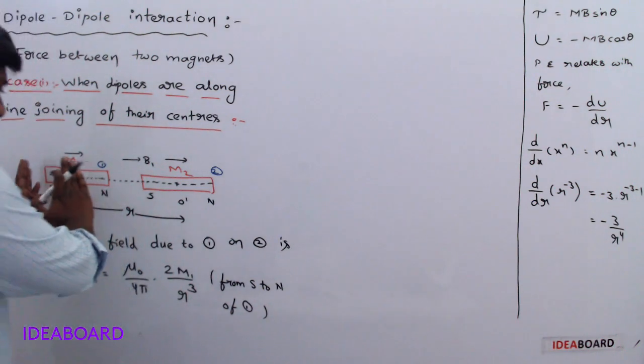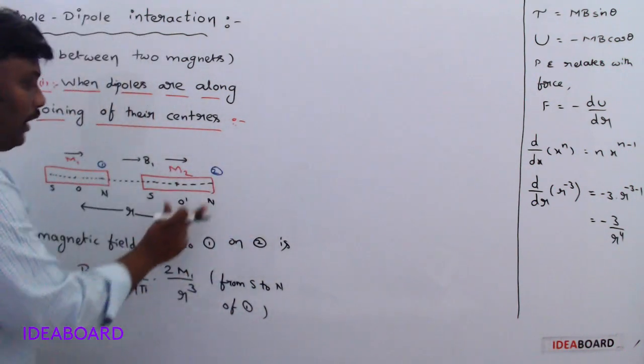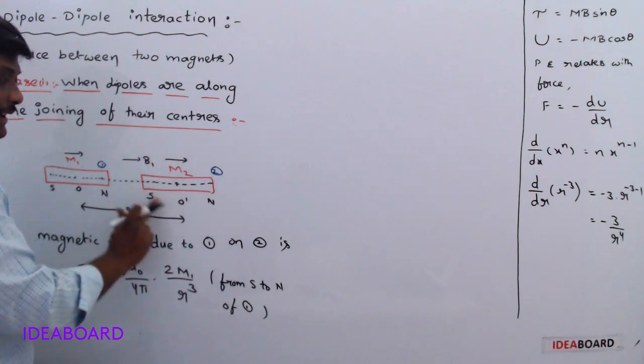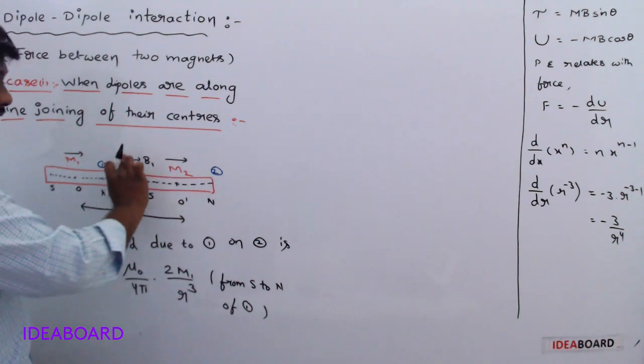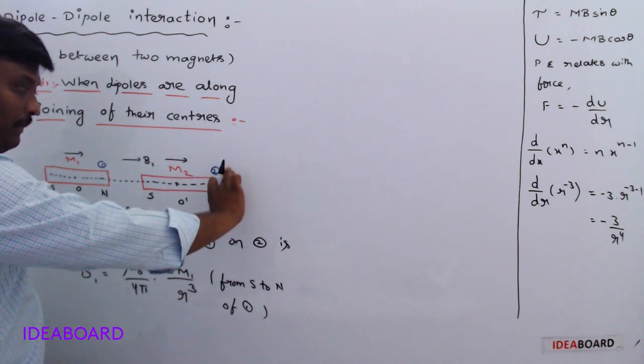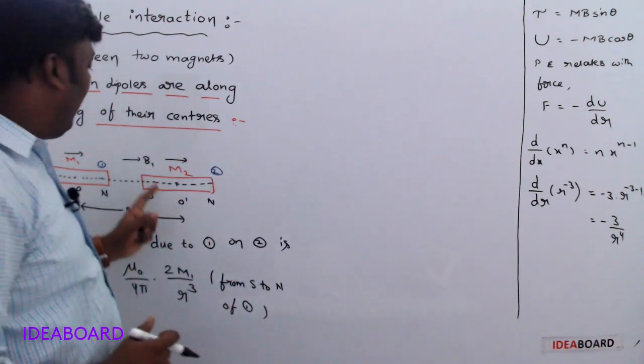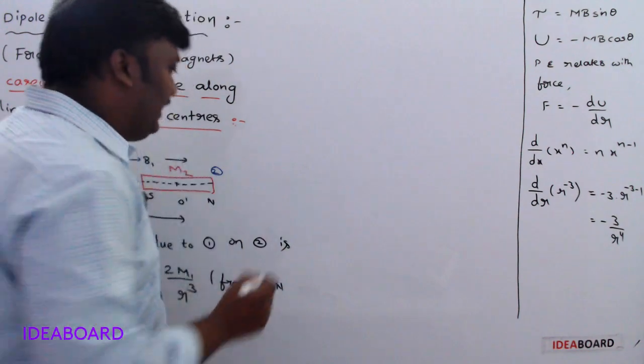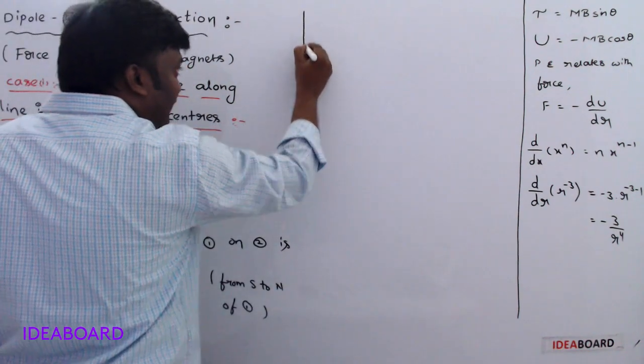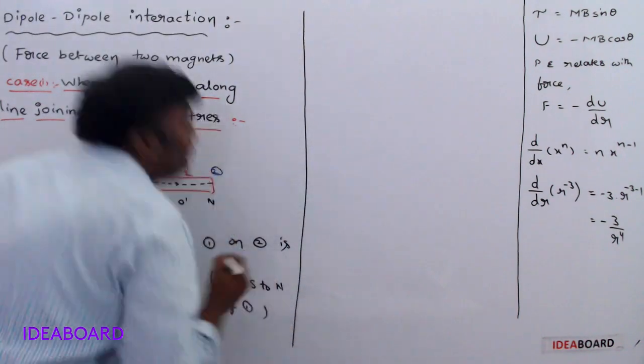Within the magnetic field of the first bar magnet, I am placing another bar magnet. Whenever I place another bar magnet, it has some potential energy.